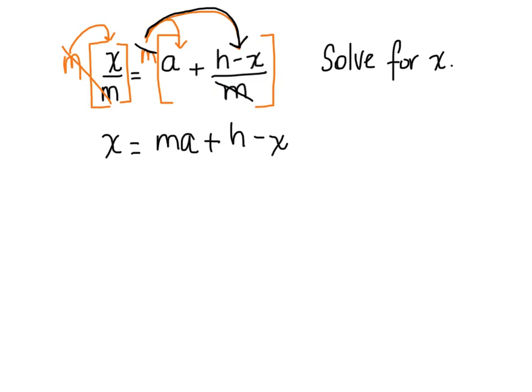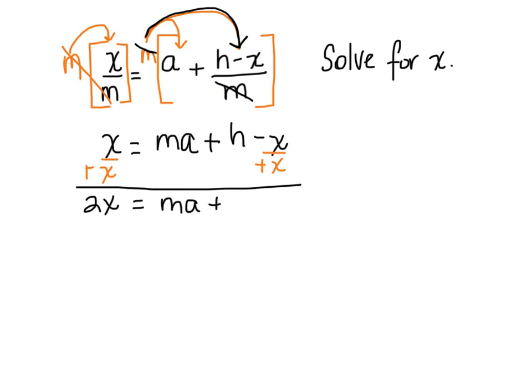I'm now solving for x, so I've got to get these x's to the same side. So I'm going to add an x to this side. And I get 2x equals ma plus h. I'm going to divide both sides by 2. Also know that I could multiply by the reciprocal, multiply both sides by 1/2, same as dividing by 2.